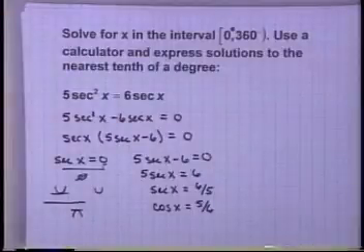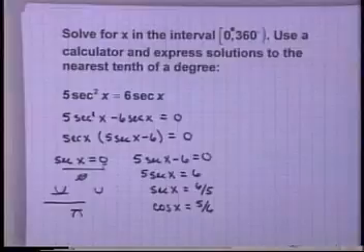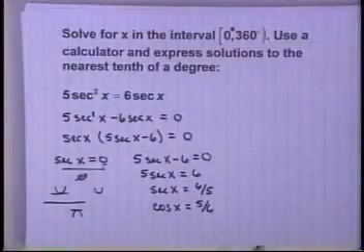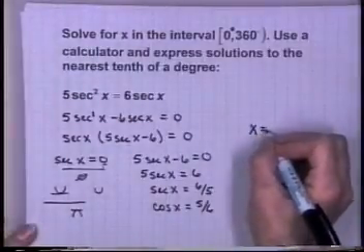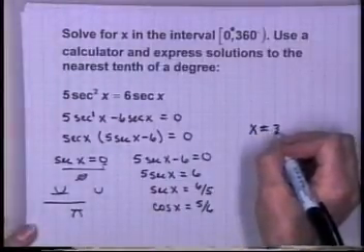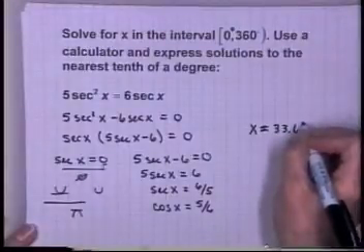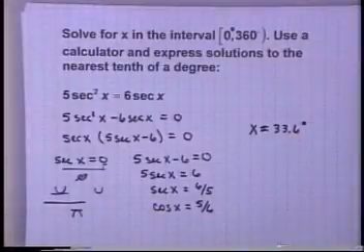So if we do the inverse cosine of 5/6, I'm reading off of my calculator 33.6 degrees. Notice it said to the nearest tenth of a degree, so x is approximately 33.6 degrees according to my calculator.